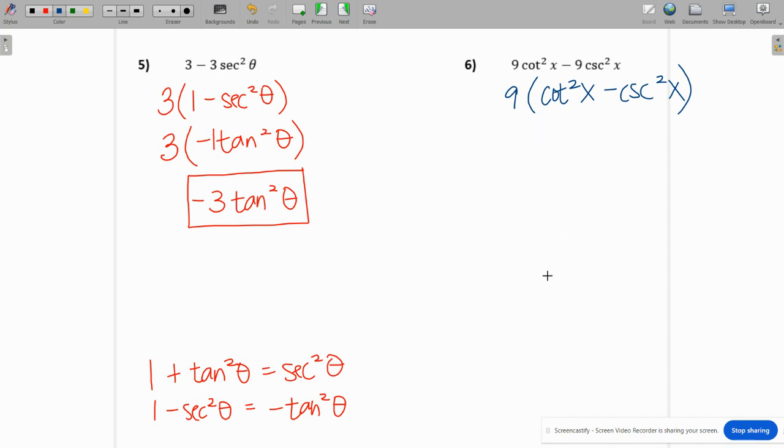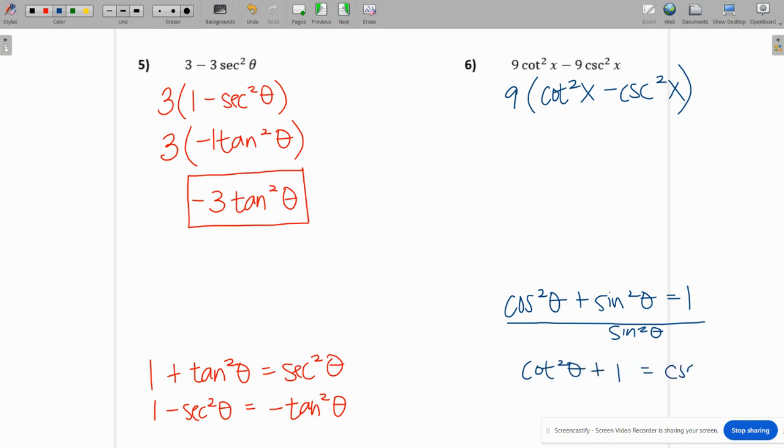So again, if you're on a quiz or a test, you're thinking, well, what was that Pythagorean identity that used both of those? As long as you remember that cosine squared plus sine squared equals 1, I know that cosecant is 1 over sine. So if I divide both by sine squared, then I'm going to have cotangent squared plus 1 equals cosecant squared.